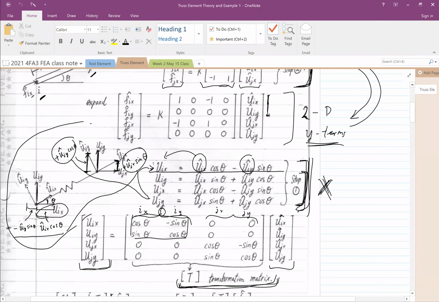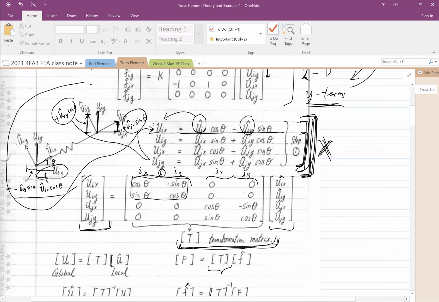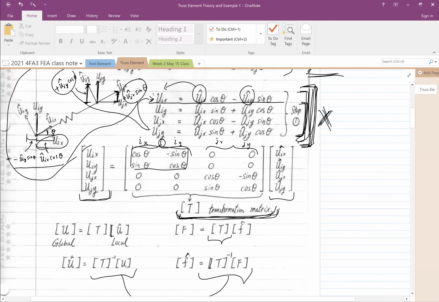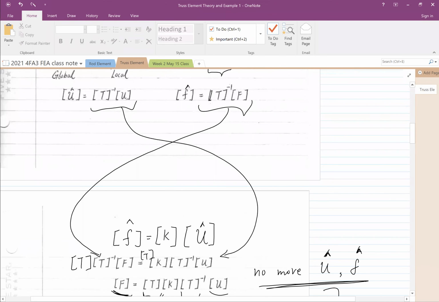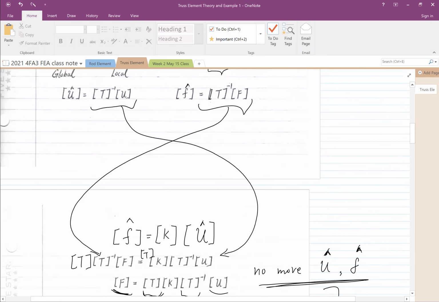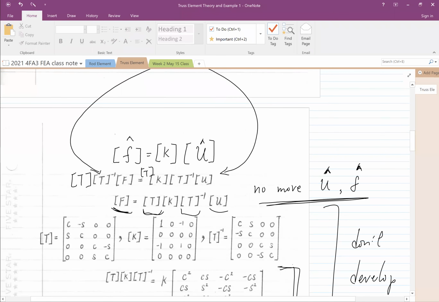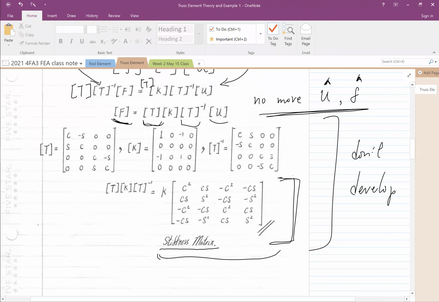And right here, we developed how we come up with the truss element matrix, because we use the trigonometry matrix, the transformation matrix, to tilt the whole truss at an angle. And then with some matrix manipulations, we developed the stiffness matrix for the truss elements.